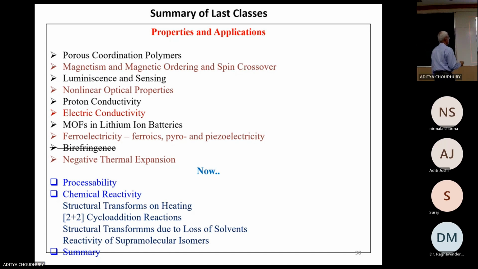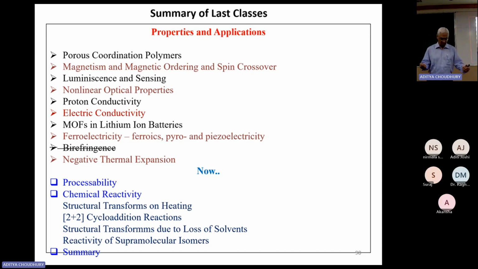And we continued in the last 2 hours, which I hurried up, on porous coordination polymers or MOFs, some of the magnetic properties of those. The important thing is, of course, magnetic ordering, but at very low temperature. But spin crossover is the one that has been studied extensively using MOFs. Of course, luminescence and sensing, some nonlinear optical properties.